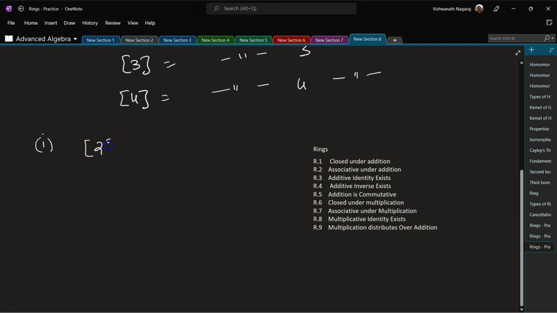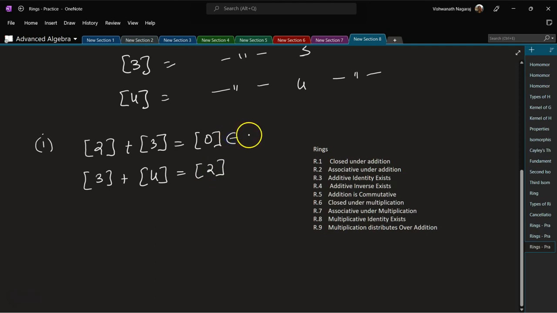So we know 2 plus 3 is equal to what? 3 plus 2 when divided by 5 gives us 0. Similarly, 3 plus 4 is 7. So when divided by 5 gives us remainder 2.